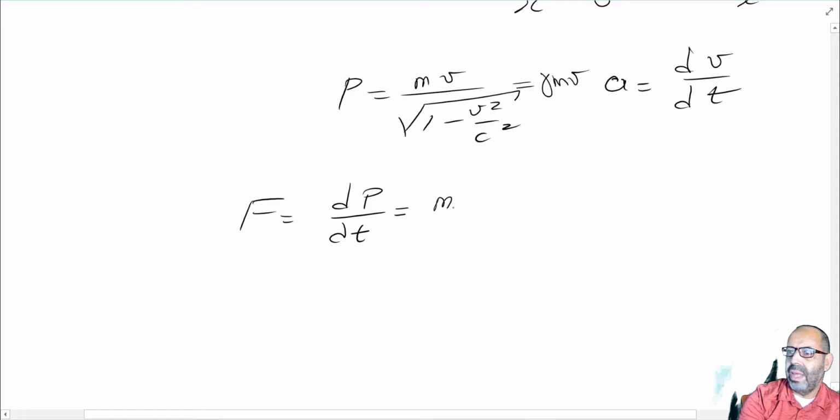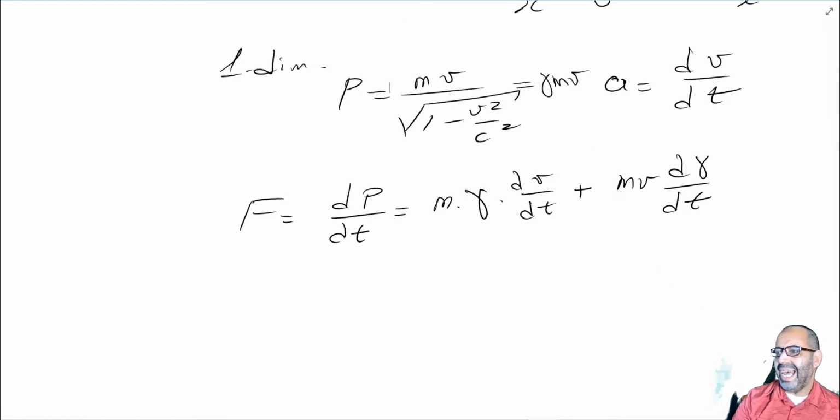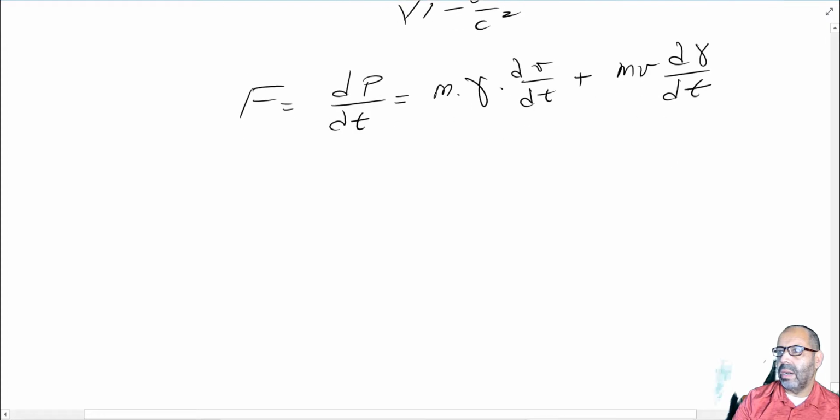First of all, m is constant, so it's going to be gamma times the derivative of v with respect to time, plus mv times the derivative of gamma with respect to time. You see the additional term that came in, with v only having a value in the x direction. So we're dealing only with 1D here. Okay? So that's how the force would look now.